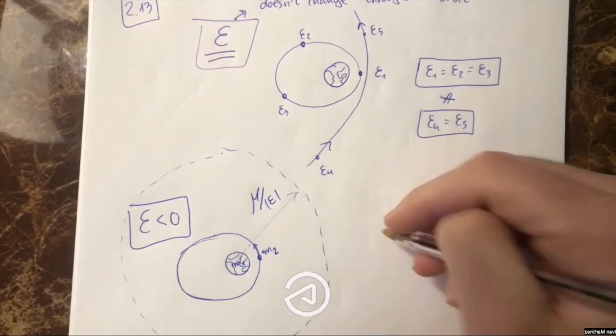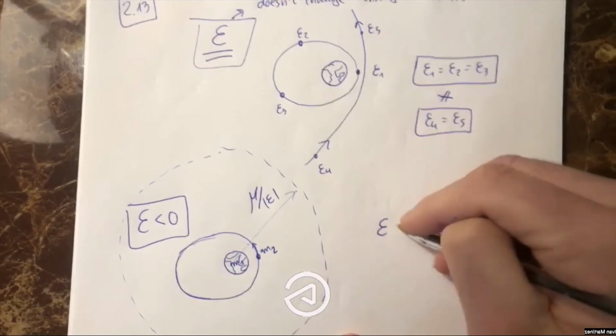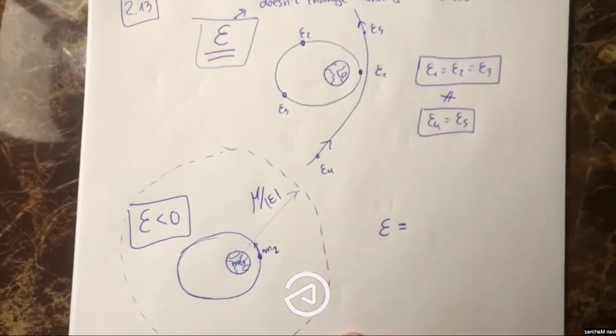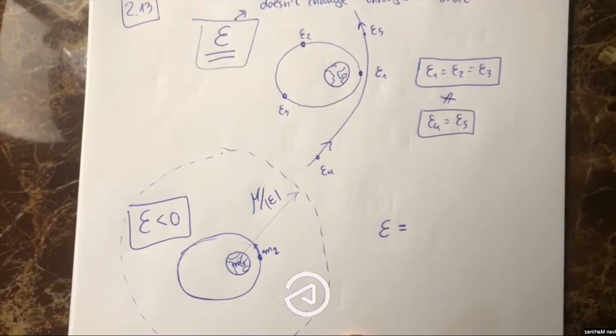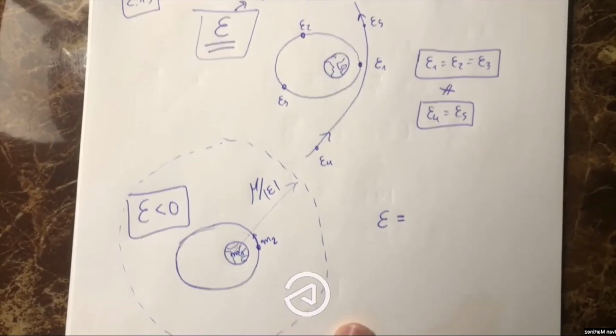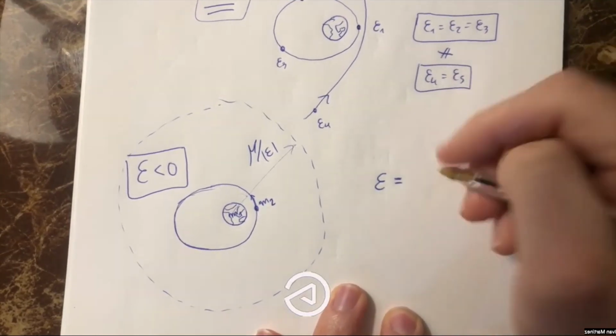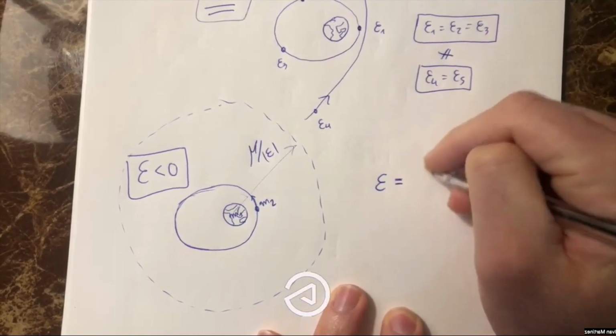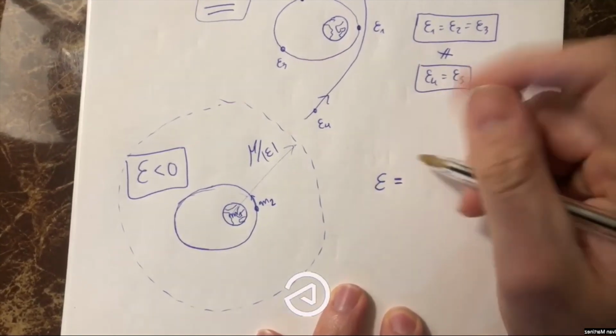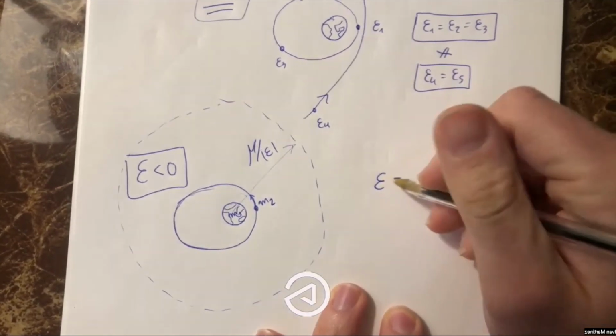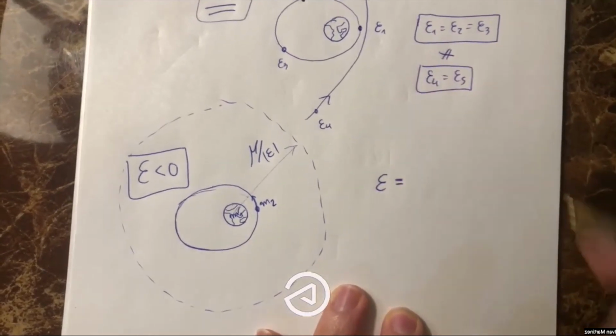Let's go to the energy equation, the most important equation. Energy is equal to what? From physics in high school or whatever, you know that energy is kinetic energy plus potential energy. So it's the same thing here. Kinetic is 1/2 mv squared. However, this is specific energy, which means it's energy divided by mass.